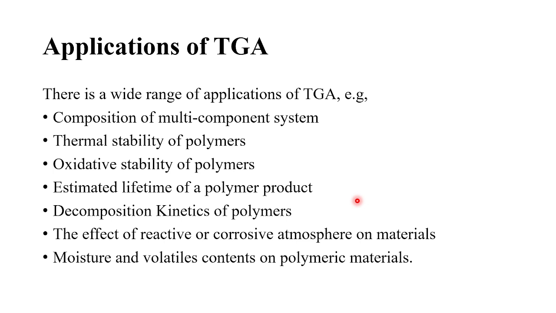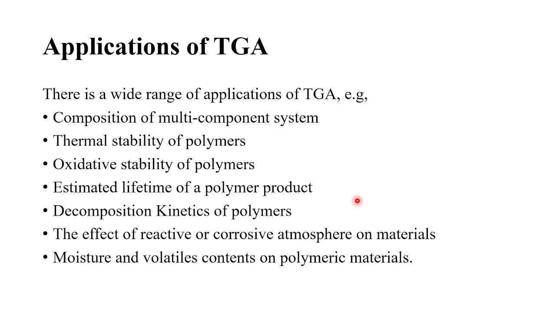Now, what are the different application areas of TGA? First of all, to know the thermal stability of the material, you should go for TGA. To know the composition of a multi-component or composite material, you should go for TGA. The third important application is to investigate the oxidative stability of the material, and obviously the most important is the estimated lifetime of a product.